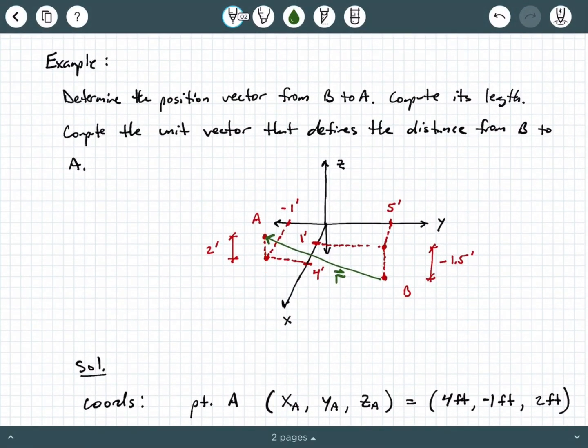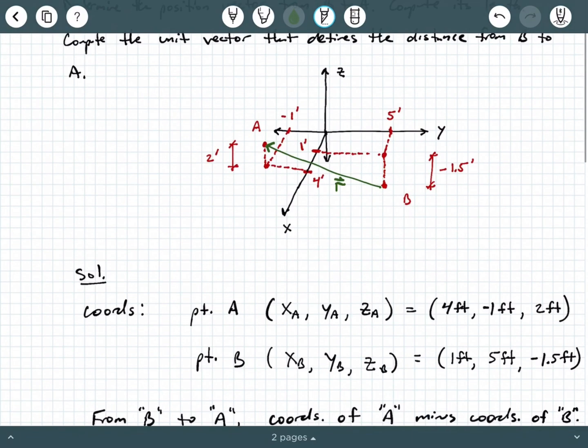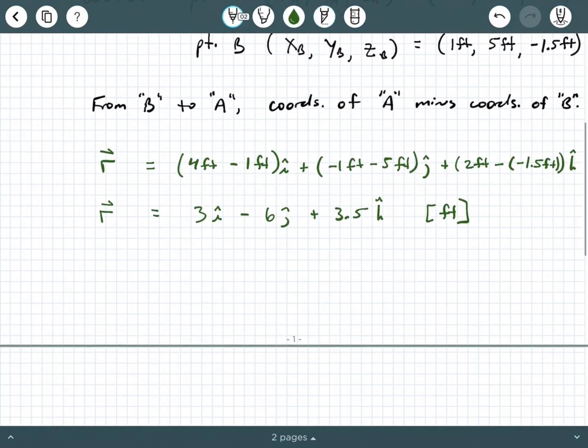So moving on. We got the position vector. Now compute its length. That's where we apply the Pythagorean theorem. The length of it is just its magnitude, which is essentially the distance formula.